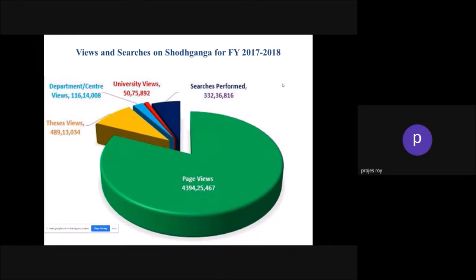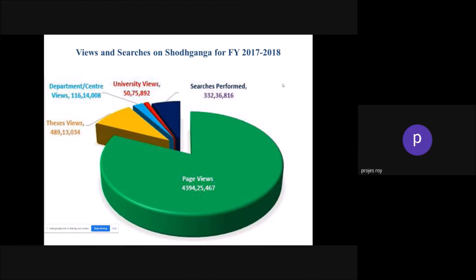If you look at Shodhganga in India, can you imagine, thesis views 4 crore 98 lakh 89 thousand, 13,034 thesis viewed. University views 50 lakh 75,892.